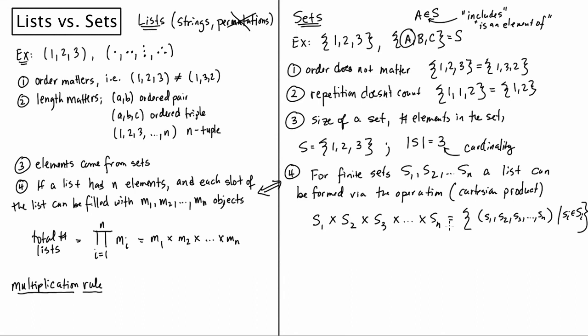That particular operation is very important in the sense that it generates a list, and we know using the multiplication rule how to find the total length of a list. The next thing to talk about is, well, not the length, that's not what I mean. I mean the number of possible lists, which is the size of the Cartesian product.